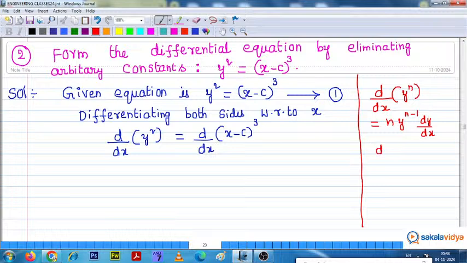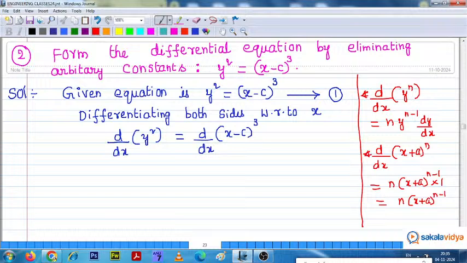Second concept: d by dx of x plus a whole to the power of n is equal to n times x plus a whole to the power of n minus 1, times the derivative of x plus a with respect to x, that is 1. So you get n times x plus a whole to the power of n minus 1. Let us make use of these two concepts.